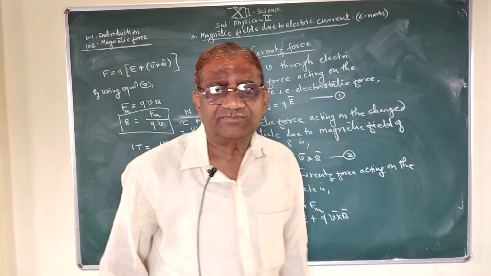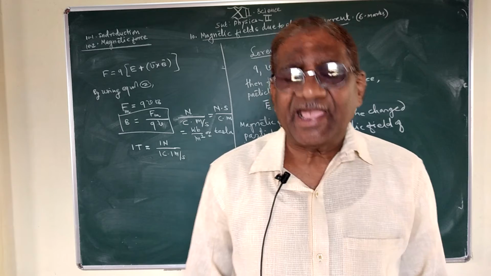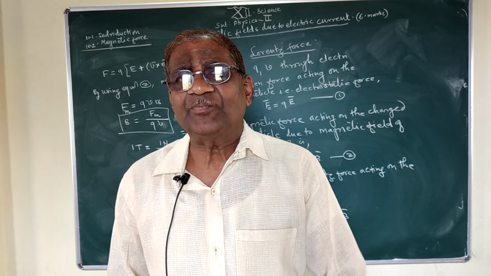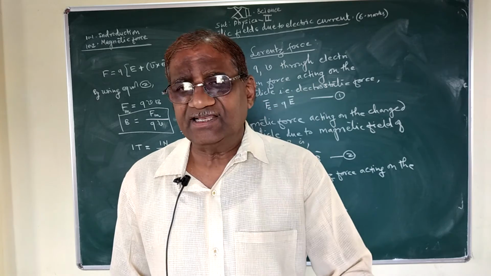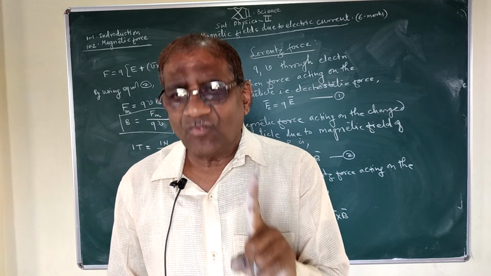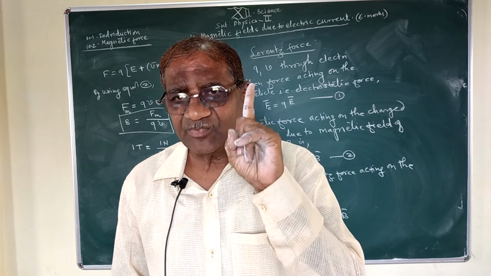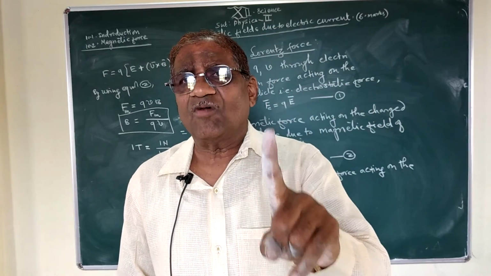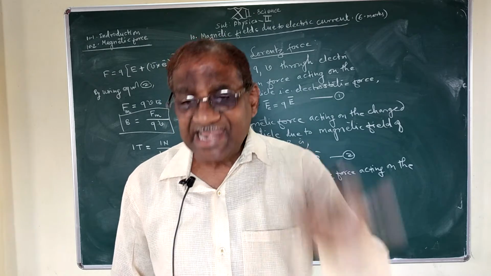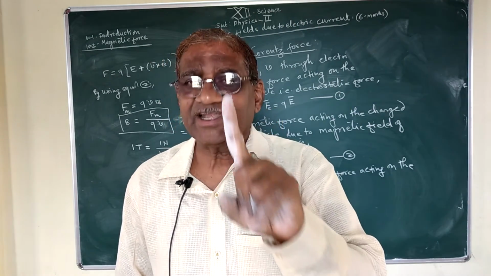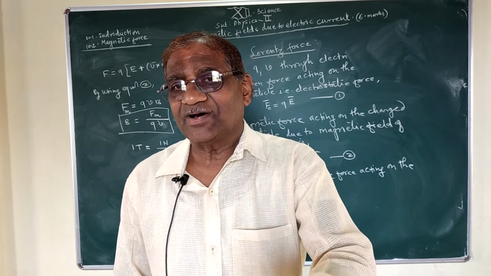The magnetic induction is said to be 1 Tesla if 1 Newton of magnetic force acts on 1 coulomb of charge when the velocity of the charged particle is 1 meter per second.